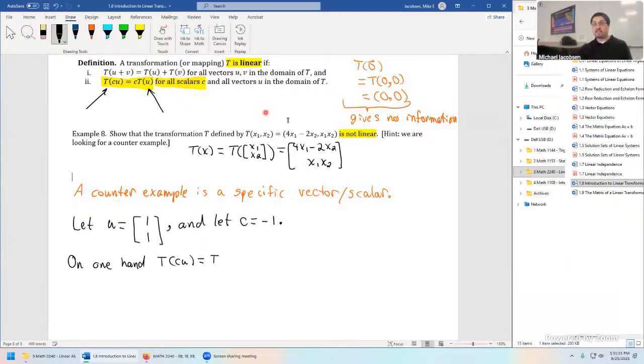I'll visualize this one as an actual column vector. You don't have to. If you keep it as a row with comma separated, that's completely fine as well in your work. This is going to turn into T of -1 times (1, 1). So all I've done is filled in c, filled in the vector u. Let's do the scalar multiplication. This is T of (-1, -1).